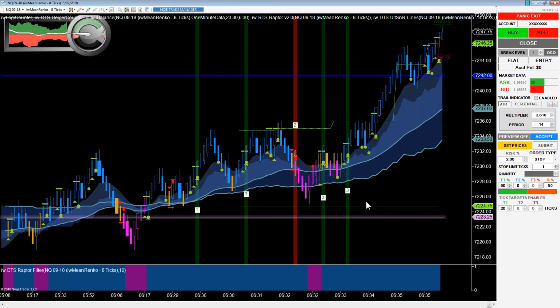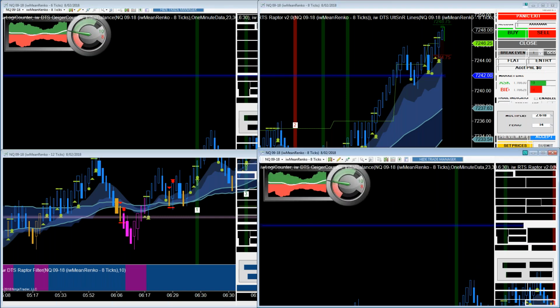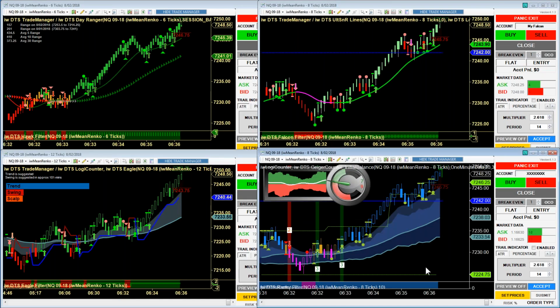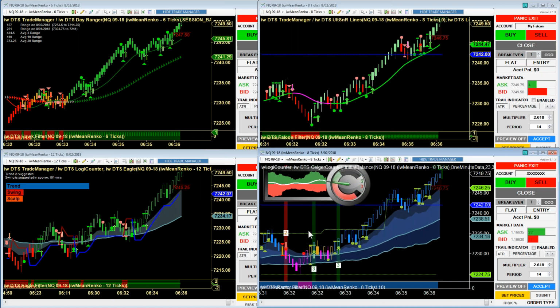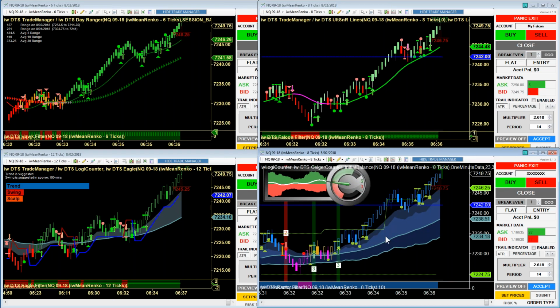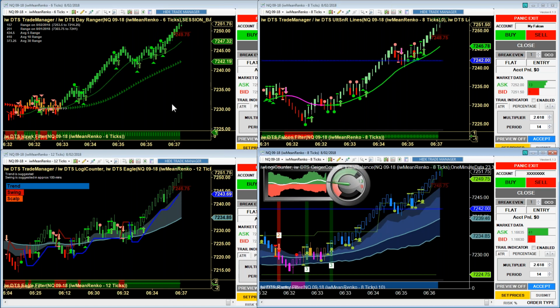Now, the Raptor has a few of its own unique attributes, and sometimes people think that the Raptor is missing signals that the other three are including. It can happen, but it's very, very rare. And to be fair, sometimes the Raptor will actually signal ahead of the other three.